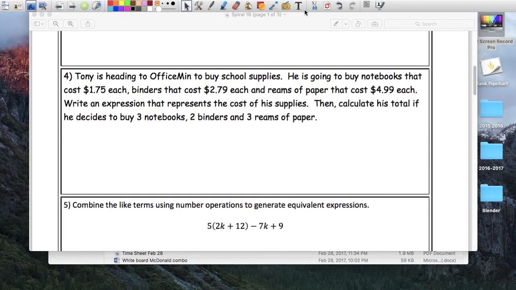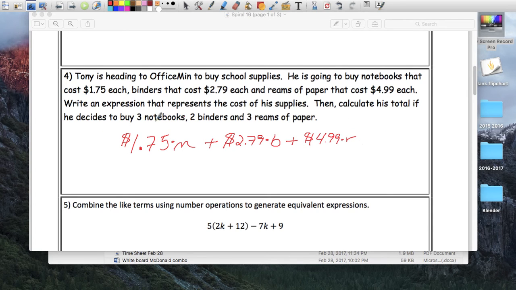So his supplies, all right, let's see, it's going to be $1.75 times n, right, depending on however many notebooks he buys, plus $2.79 times B for binders, for the number of binders that he's going to buy, and plus $4.99, and we're going to multiply that times R, depending on how many reams of paper he buys.